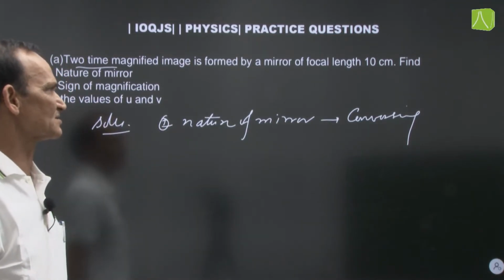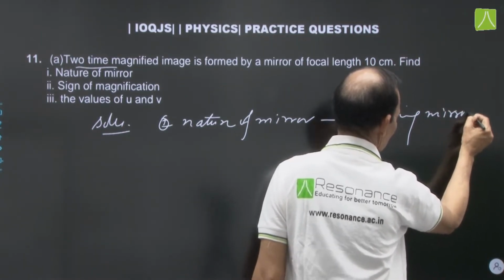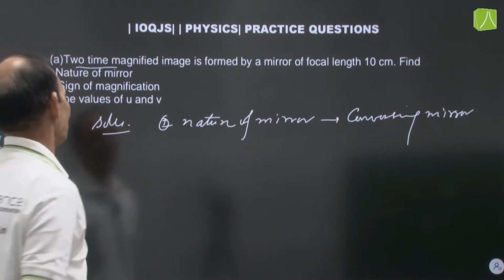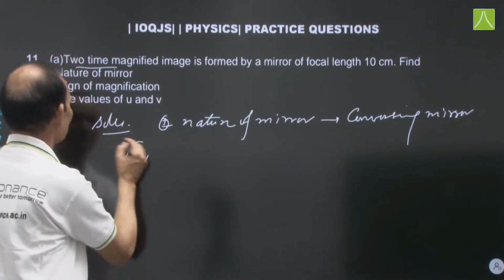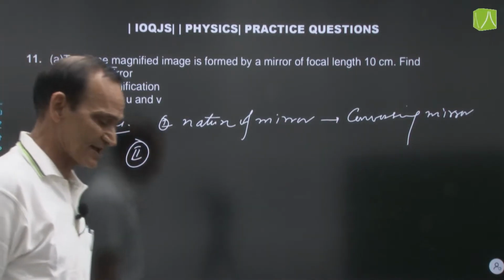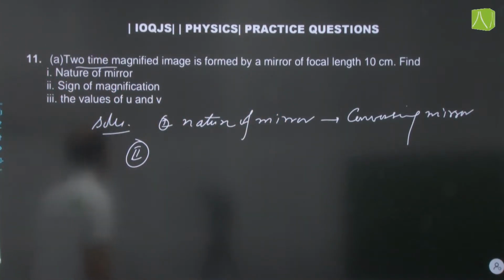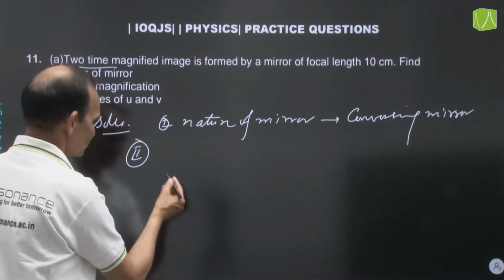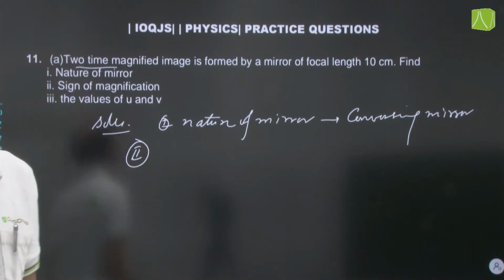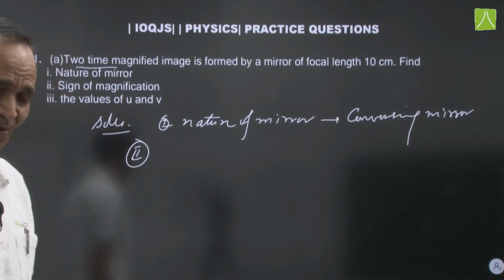So the correct answer is converging mirror. If they ask what is the type of mirror, then you can write that it is concave. Now the second part. Sign of magnification you can decide if you know the image is real or virtual, otherwise you are unable to decide the sign. So this concave mirror may form a real magnified and also a virtual magnified image, both.